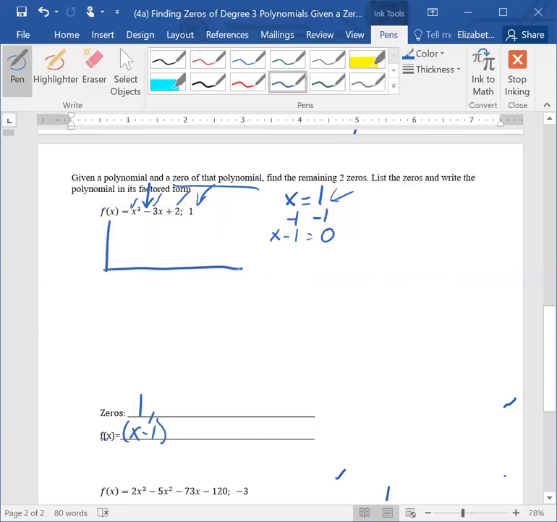Make sure that you have all of your pieces, all right? So the coefficient from my x cubed is a 1. I have no x squared term, so I'm going to put in a placeholder 0. Watch for those. That's very easy to miss. Then I have an x term, so that's negative 3, and then my constant term is 2.